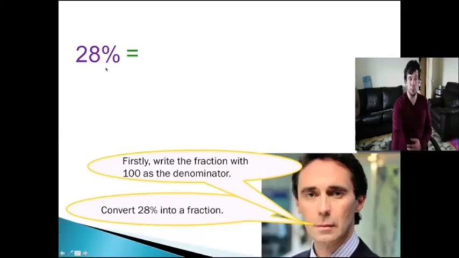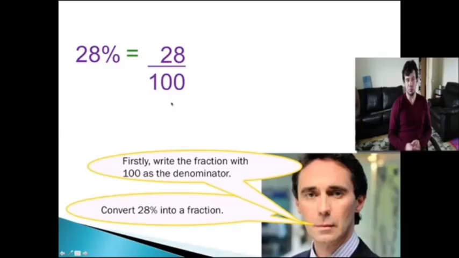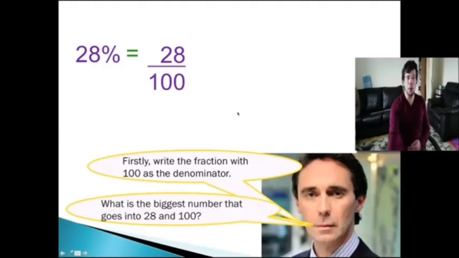So, 28% means 28 out of 100. What is the biggest number that goes into 28 and 100? Well, 4. 4 is the highest common factor. So we need to divide both top and bottom by 4.